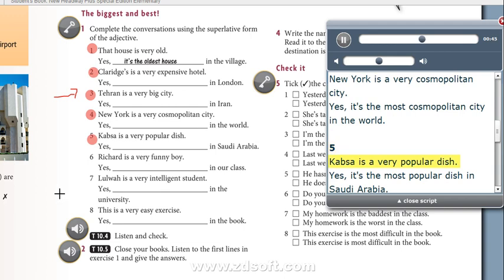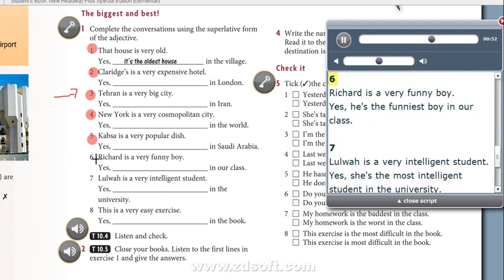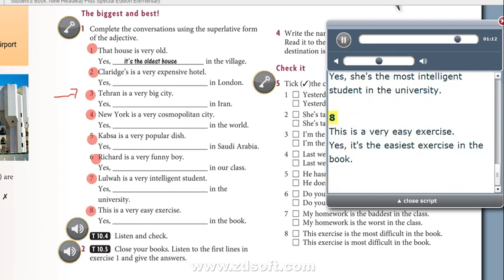Kabsa is a very popular dish. Yes, it's the most popular dish in Saudi Arabia. 6. Richard is a very funny boy. Yes, he's the funniest boy in our class. 7. Lulwa is a very intelligent student. Yes, she's the most intelligent student in the university. 8. This is a very easy exercise. Yes, it's the easiest exercise in the book.